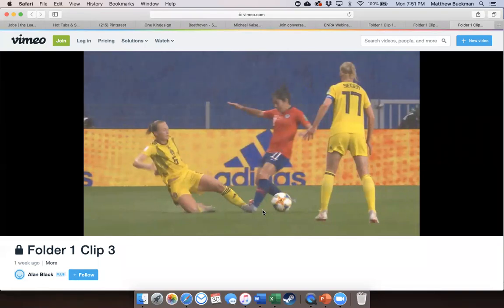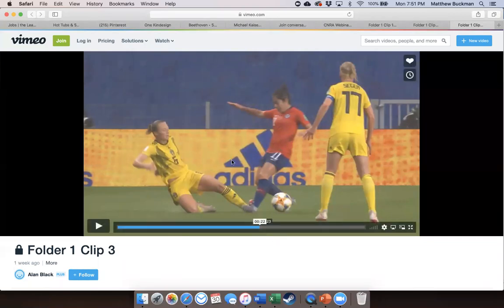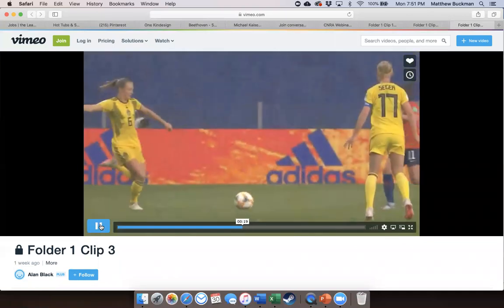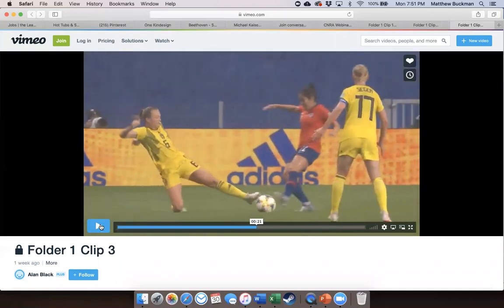So how much force is there? There's a moderate amount of force in this challenge. It's not excessive, but it's a moderate amount of force. What's the point of contact? It's into the ankle, low on the body. What's the mode of contact? It is the studs. What's the shape of the body? That's where we get to be an important thing. At the moment that we all think, uh-oh, this is a problem, we're seeing a straight leg.